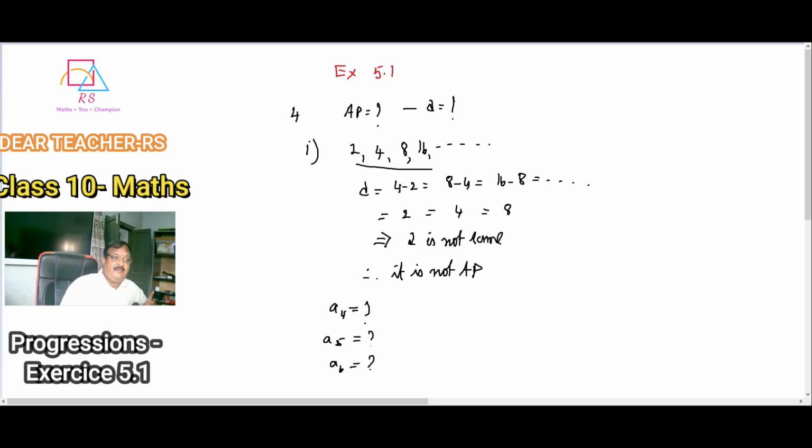Only if it is AP should you go for the next terms. 4 terms are already given; in some cases 3 terms are given. So the next 3 terms you have to find out. I hope you have understood.